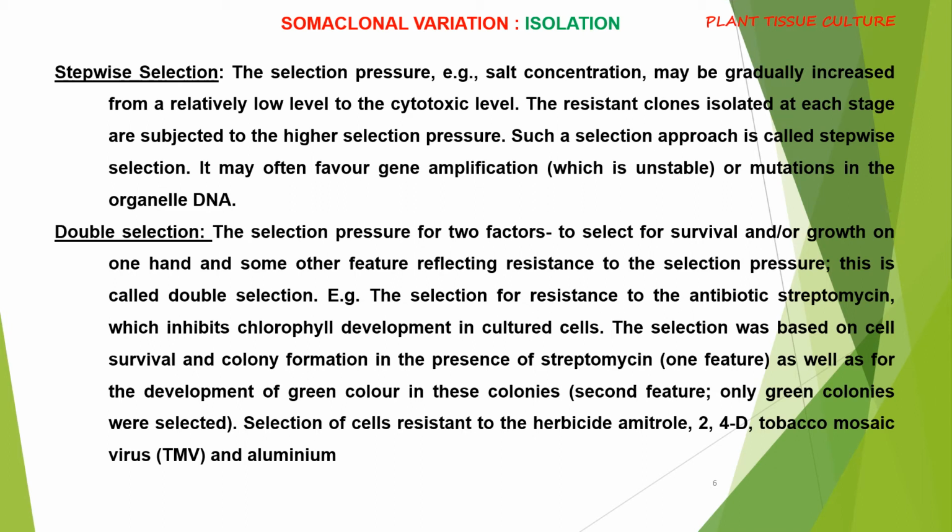Initially, low concentrations of salt are supplied to the media. The resistant clones are then selected and subjected to increased levels of salt concentrations in subsequent steps. At each step, the resistant clones are isolated.